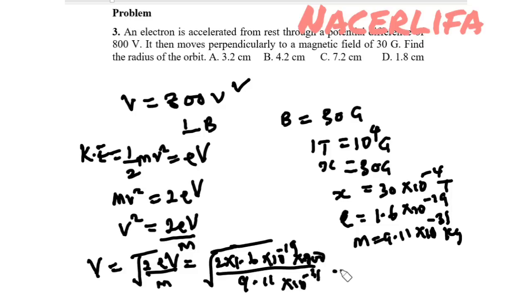Once you do this, you have 16.76 times 10 raised to the power 6 meter per second. So this is the velocity of the electron. We shall be making use of this to now find the radius of the orbit.